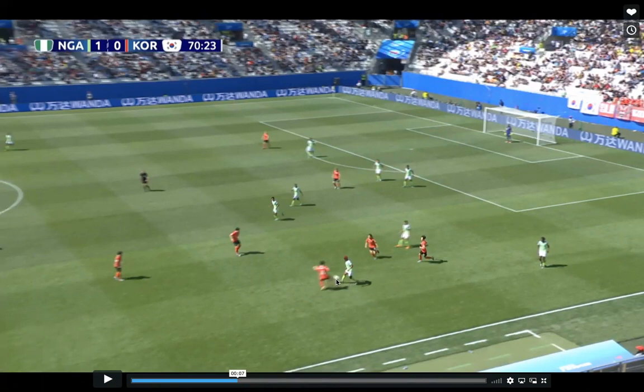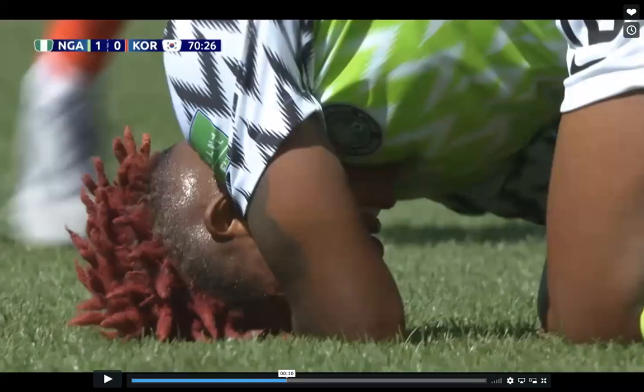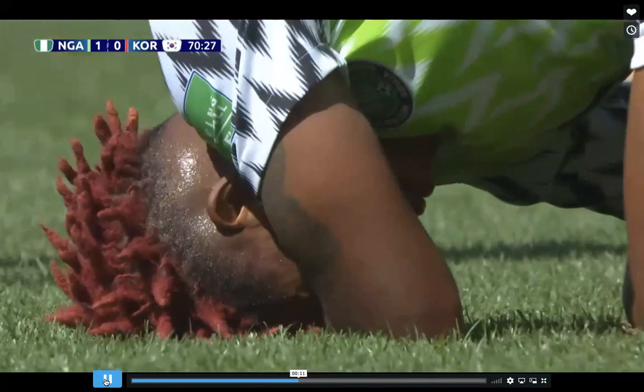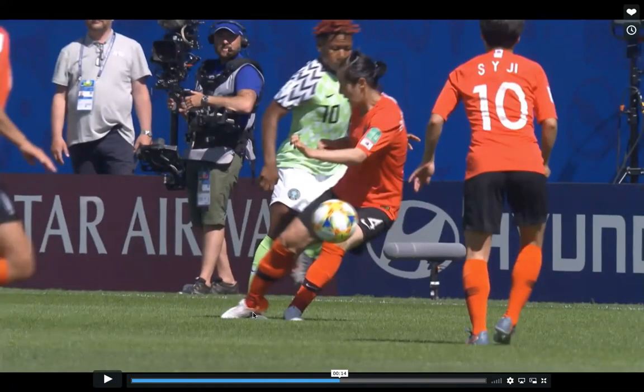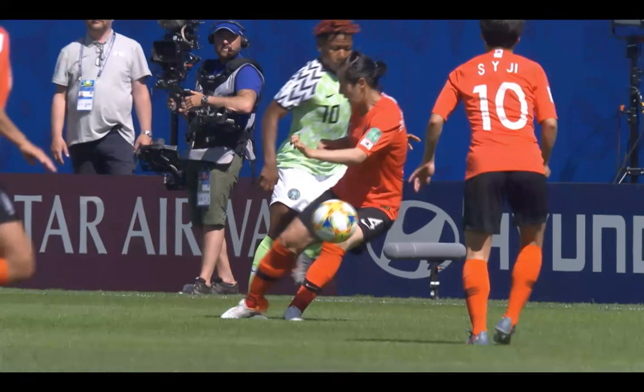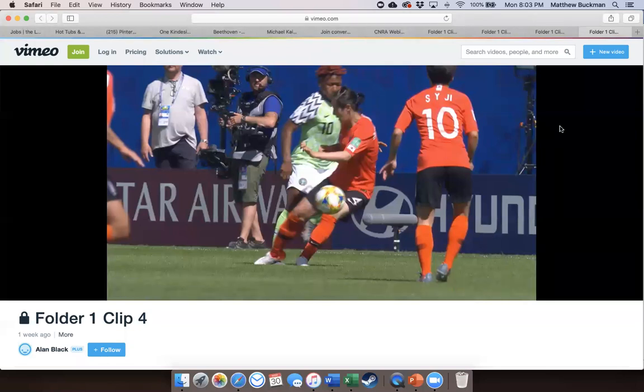The challenge here, it's close to the ball, but as we can see from the contact that happens, glancing contact to the shin, moderate force with the studs down onto the top of the foot primarily. Those considerations have us going for a yellow card, not a red card. So that's the answer on that one.